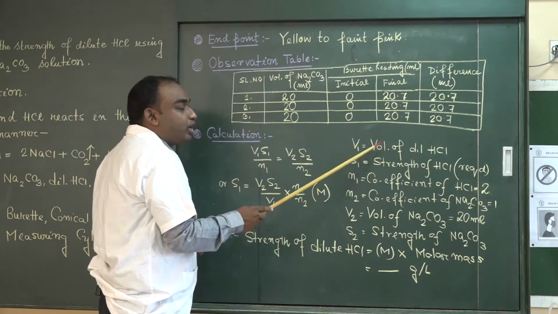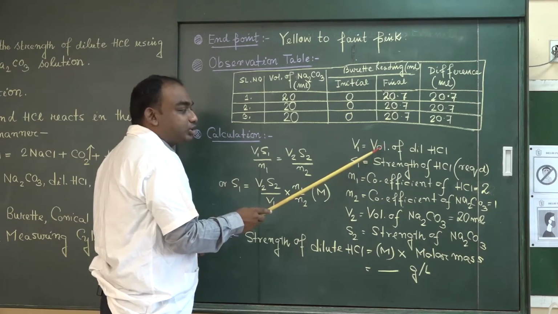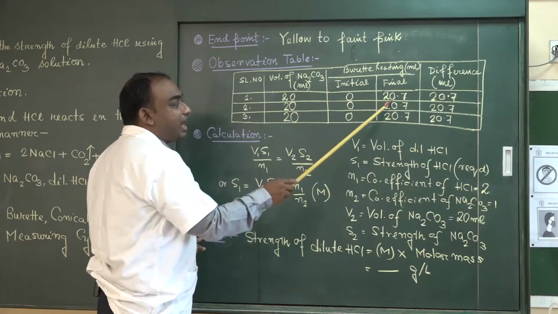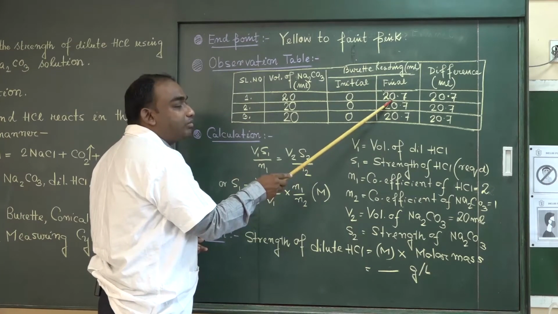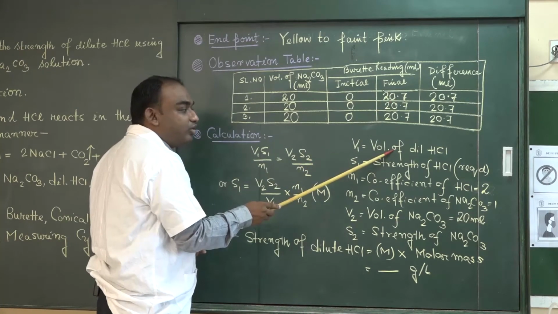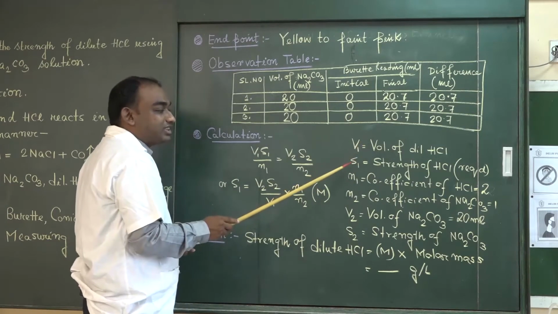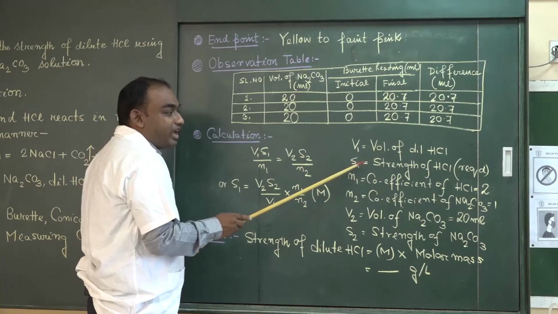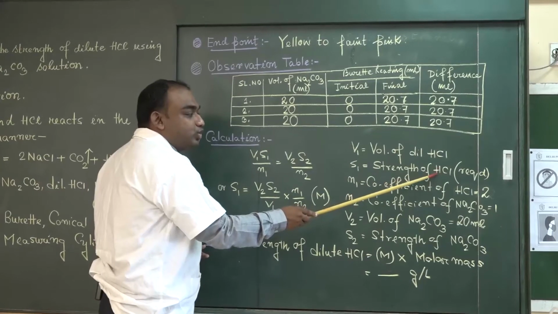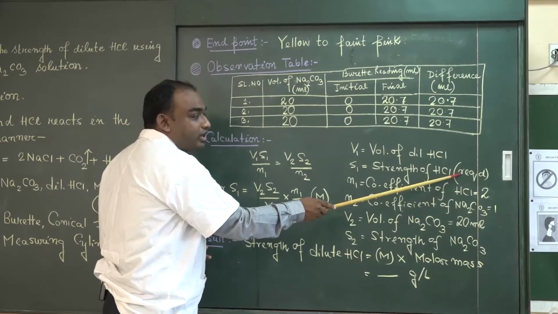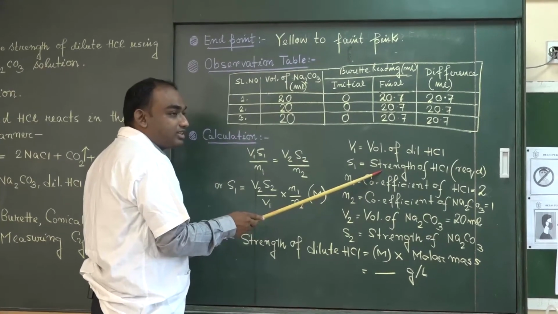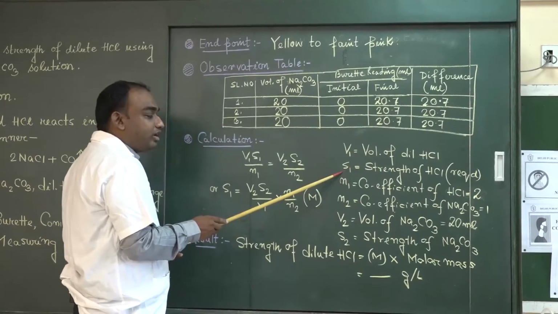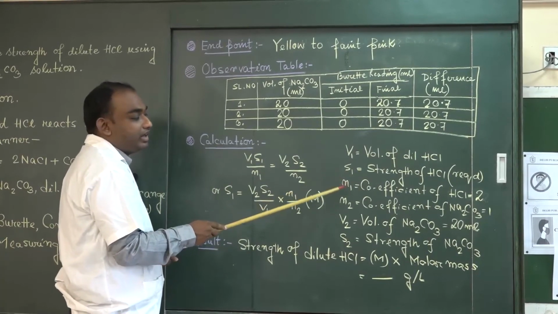The volume we measured through the burette reading, and that is your 20.7. This is the volume of dilute HCl. S1 is the strength of HCl. Students, this we have to determine. The strength of HCl is unknown. So S1 is the unknown quantity.